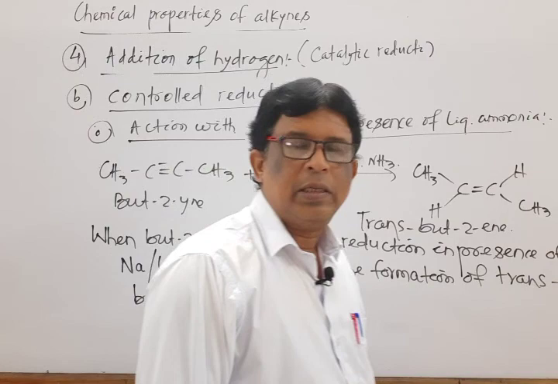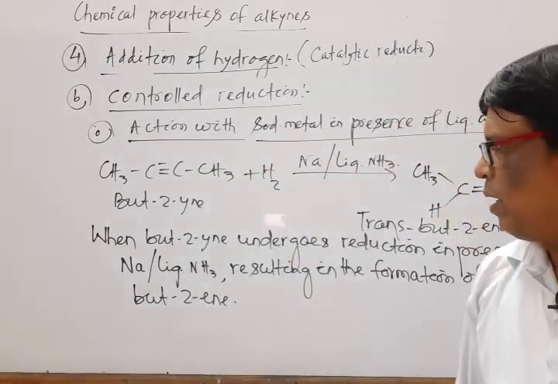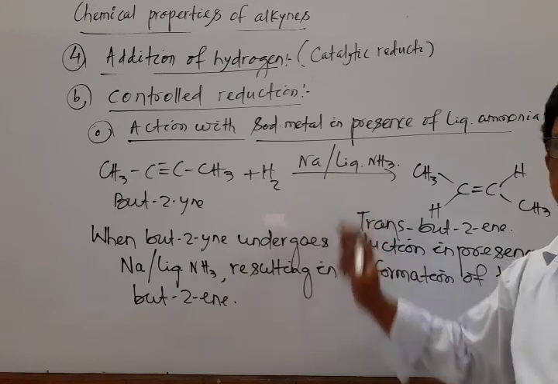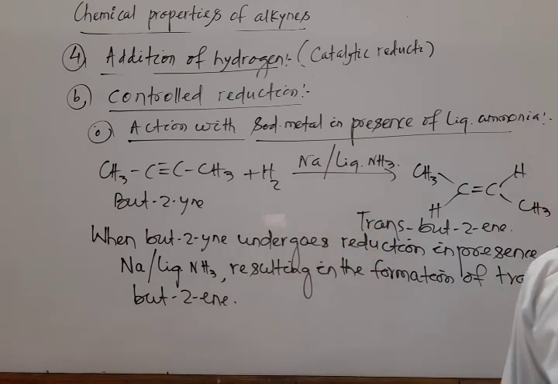Okay. If it is palladium over barium sulfate, resulting in the formation of cis isomer. If sodium in presence of liquid ammonia, resulting in the formation of trans isomer. Okay. It is all about the addition of hydrogen or controlled reduction.